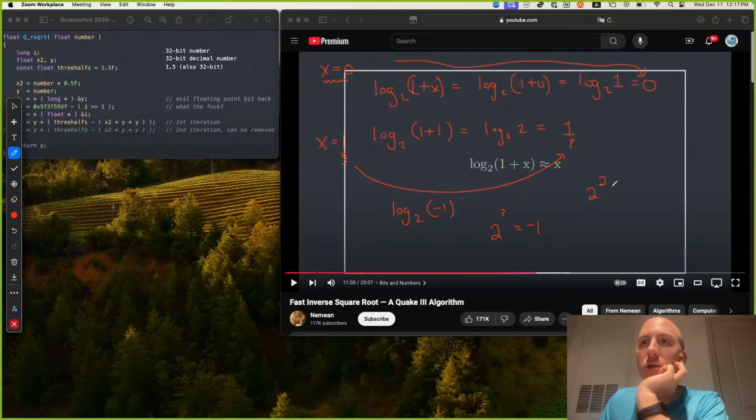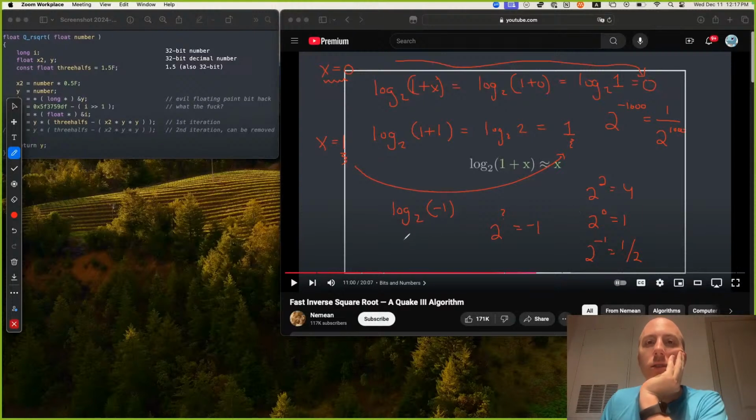Like 2 to the 2 is 4, 2 to the 0 is 1, 2 to the -1 is 1/2, 2 to the -1000 is 1 over 2 to the 1000.